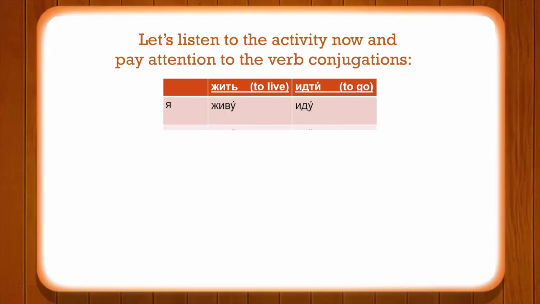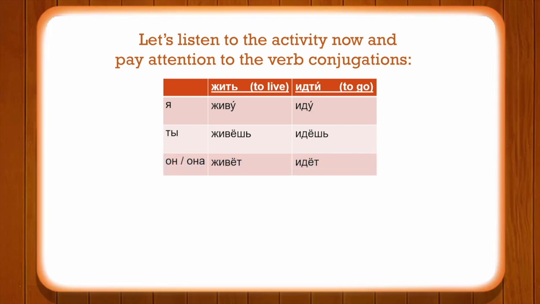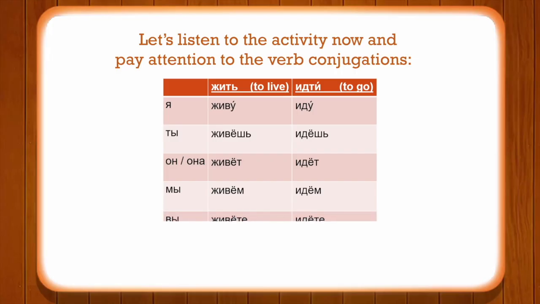Now let's pay attention to their conjugation and then we will see what the difference is. However, the very basic difference is that жить we often use in the prepositional case, жить где, live where, and идти means to go, where to, куда. So this is the basic relation between these two different verbs. However, we will see how they are conjugated.